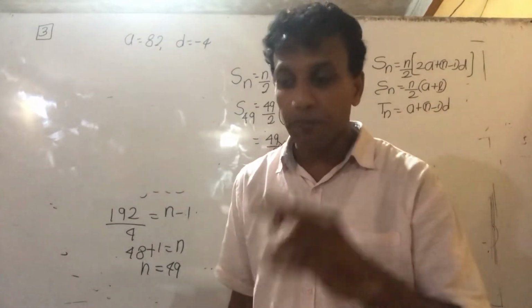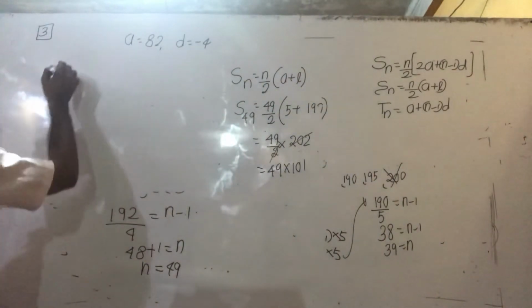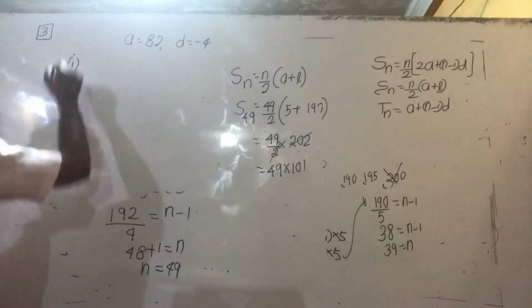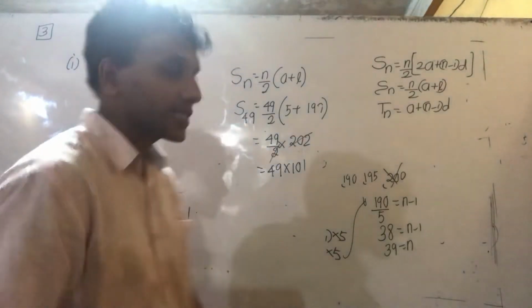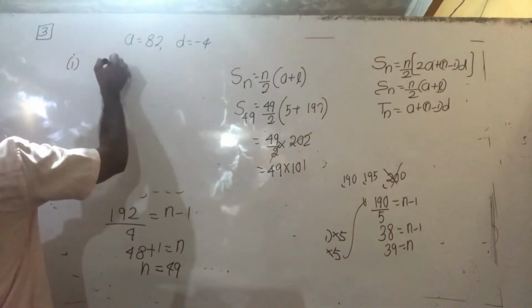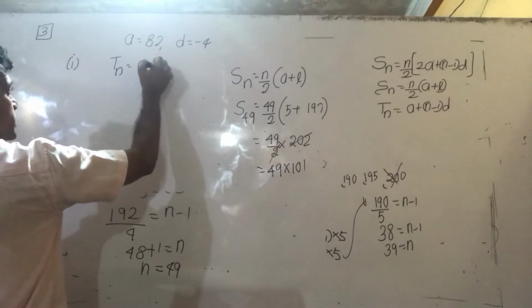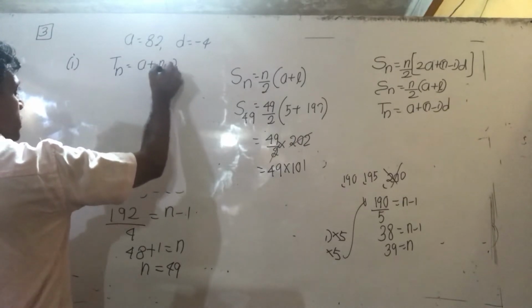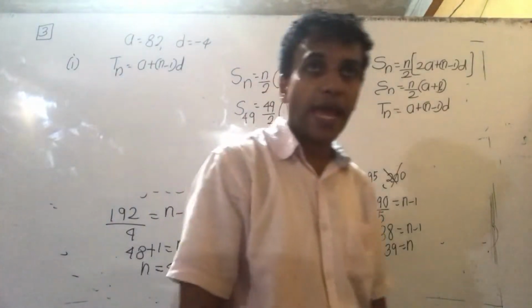First we complete this. There are two parts in this question, right? Now find the term. Use the Tn formula. Tn equals a plus (n minus 1) into d. So apply the Tn formula.